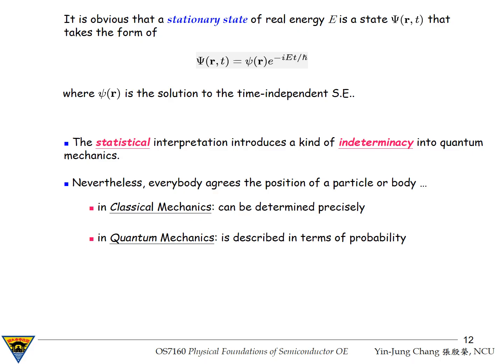So here we restate the form of a stationary state having a definite real energy E. Mathematically, a stationary state takes the form of a spatial function multiplied by a time-dependent phase factor, e to the minus iEt divided by the reduced Planck constant, where psi of r is the solution to the time-independent Schrödinger equation.